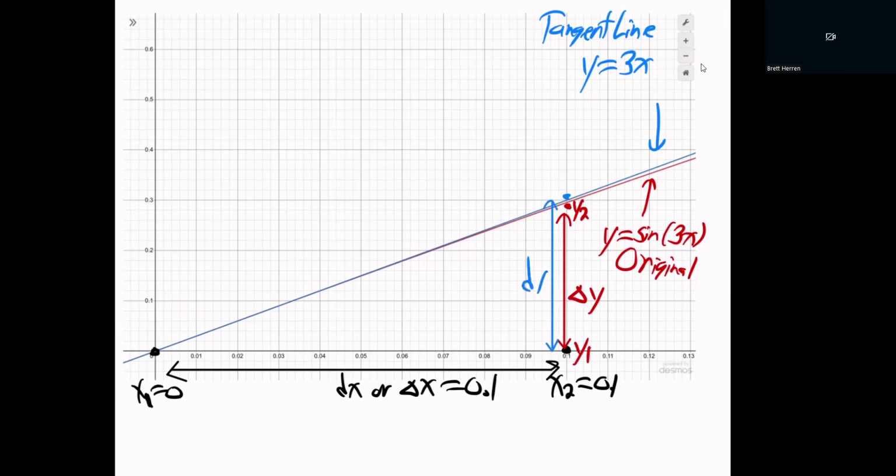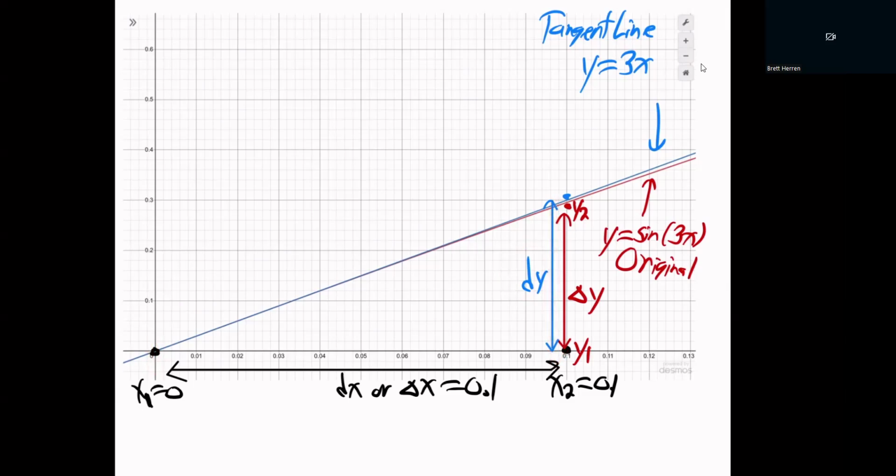That's a little bit bigger. The dy is a little larger. The d stuff is always for the tangent line because it's the derivative, right? Tangent line is the derivative. Slope of the tangent line is the derivative. So whenever they ask us anything about dy, they're saying, what is the difference as you go from your first x value to your second x value? What's the difference in heights?